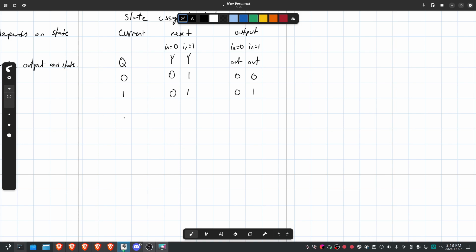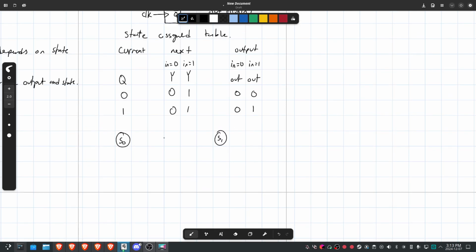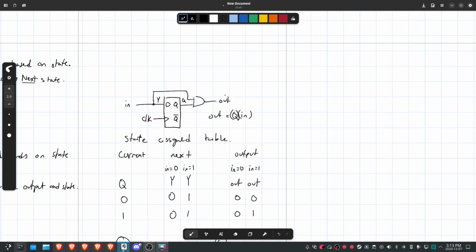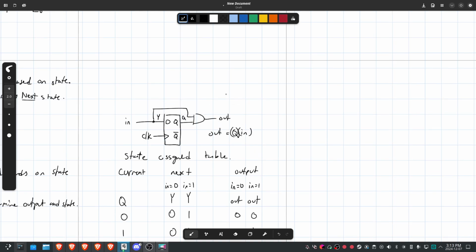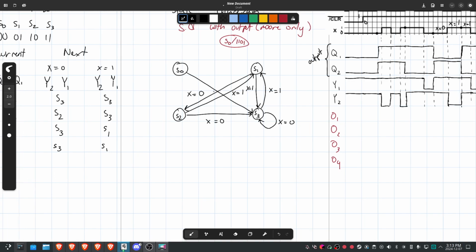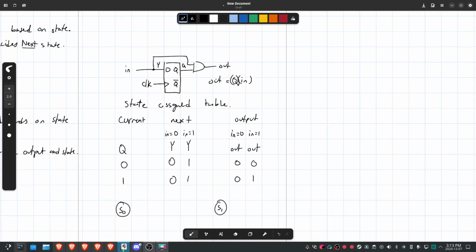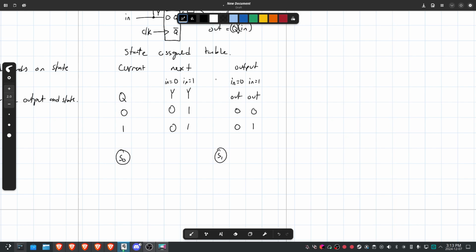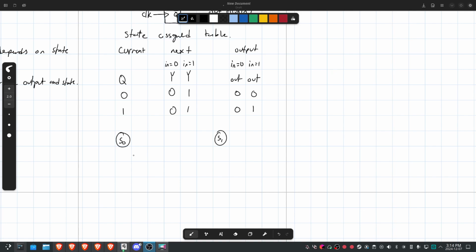So in this case, we're going to draw our state 0, let me just draw S0, and our state 1. This is a little different because states don't really lead to each other so much as they're just assigned. But we're still going to draw it like a state machine.